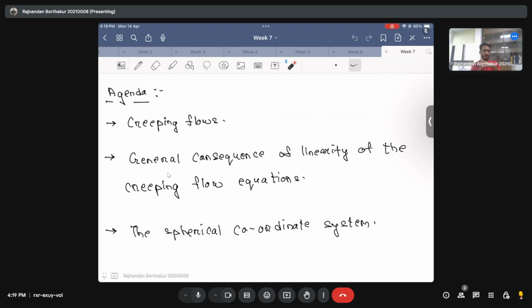For instance, we saw that if I put two objects, a cone and an inverted cone, we argued that the drag on these two objects, which were just mirror images of one another, was exactly the same, even though the second object appeared to be more bluff than the first object. And we argued these results from the perspective of linearity of the creeping flow equations.